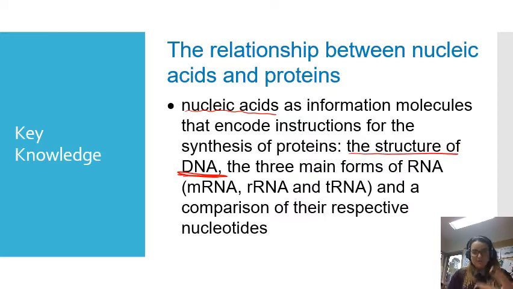We will then take that forward and use our understanding of DNA to inform our understanding of RNA, and how that fits that bigger picture in terms of protein synthesis.